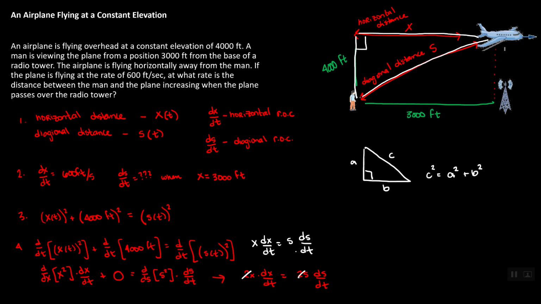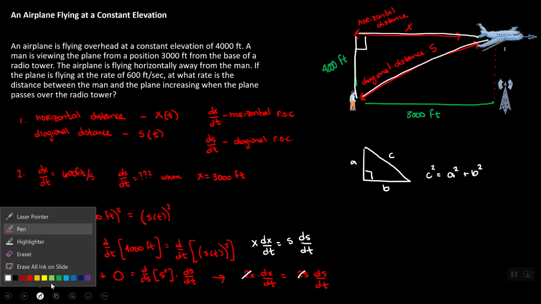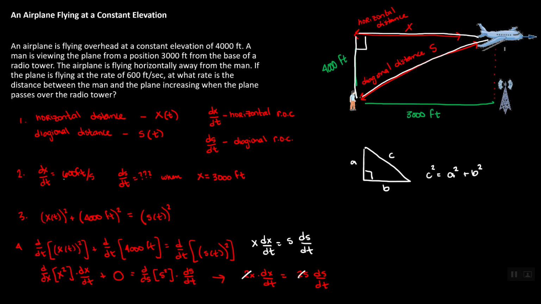Moving on to step 5, we need to substitute in the values that we were given so that we can solve for the rate we're looking for. dx/dt is 600 feet per second, so we'll replace that. We're specifically looking for the rate ds/dt when x is equal to 3,000 feet. So we will replace x with 3,000 feet. The diagonal distance s, we actually need to calculate.